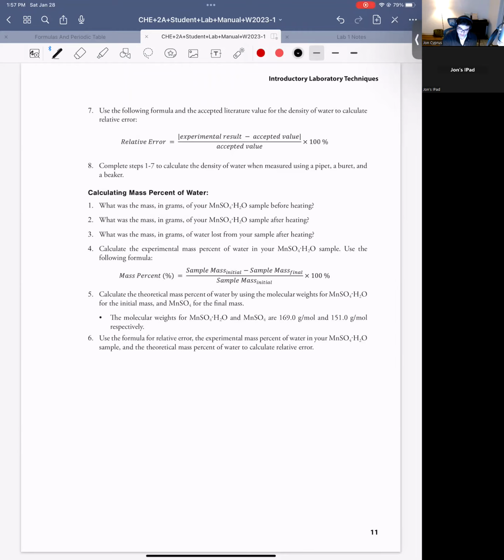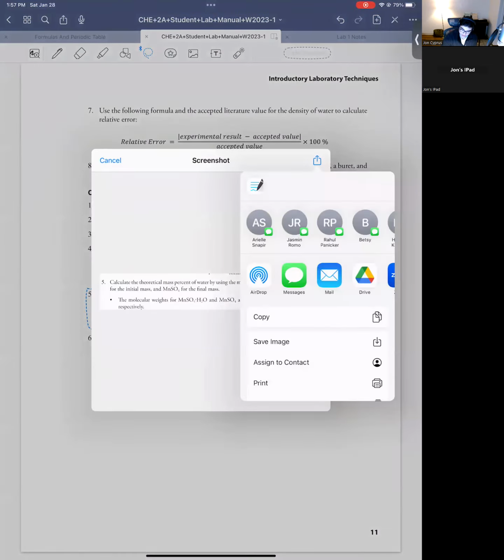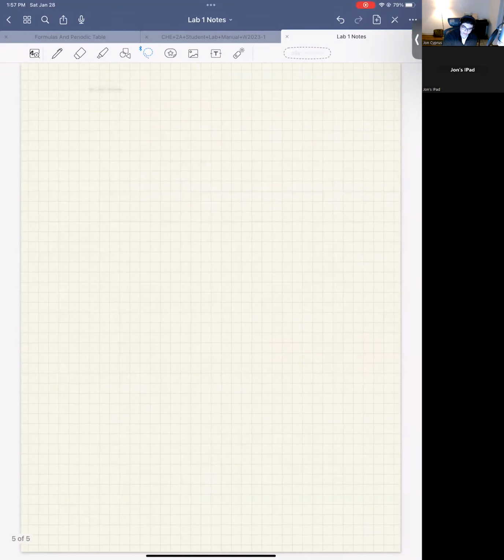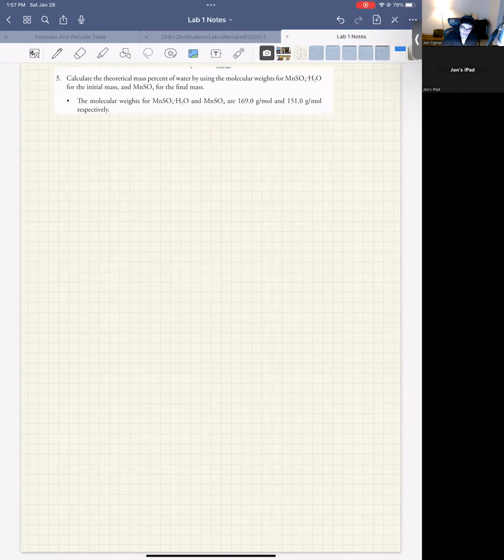All right, now this number 5, it says to calculate the theoretical mass percent. And we did this in discussion, where you're going to find how much the water contributes to MnSO4. So again, I can't plug in actual numbers here since you're going to have to do this.